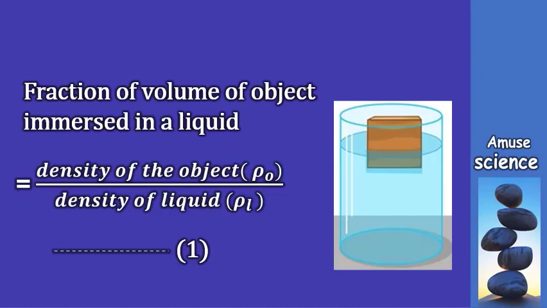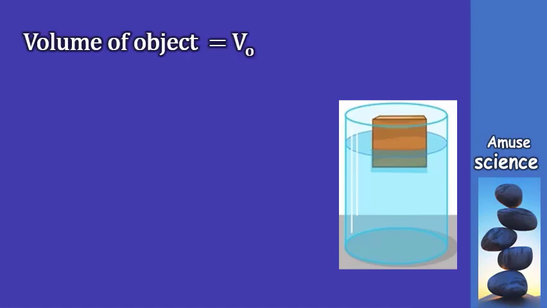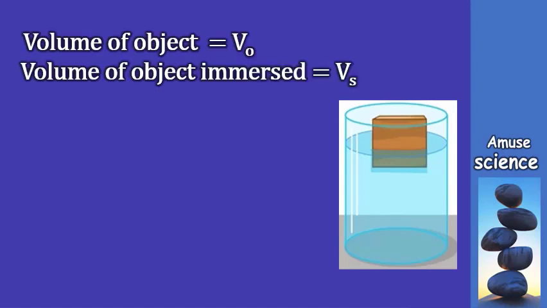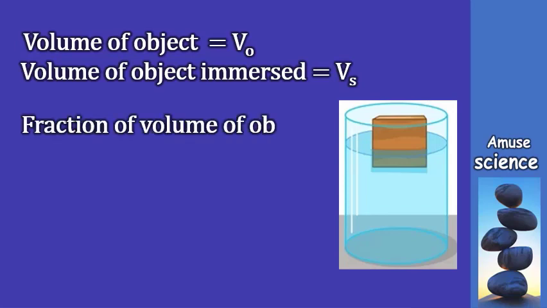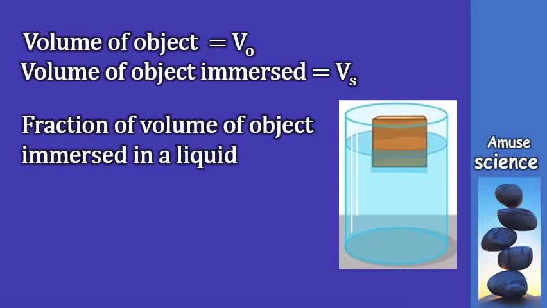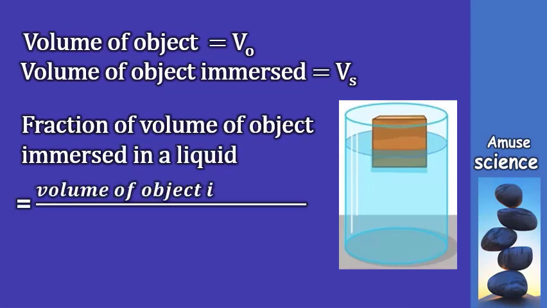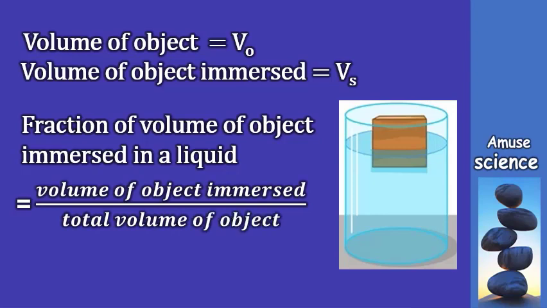Now let's expand more on the concept of the fraction of the volume of the object immersed in the liquid. Assuming that the volume of the object is Vo and the volume immersed in the liquid is Vs, we can write that the fraction of the volume of the object immersed is equal to the volume of the object immersed divided by the total volume of the object.